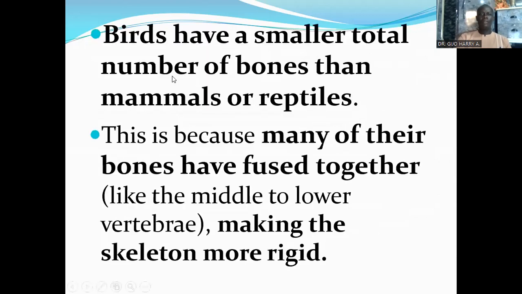Birds have a smaller total number of bones than mammals and reptiles. One of the reasons is that many of their bones have fused together, making the skeleton more rigid. The fusing of the bones makes them have fewer bones, and that's an adaptation for flight too.